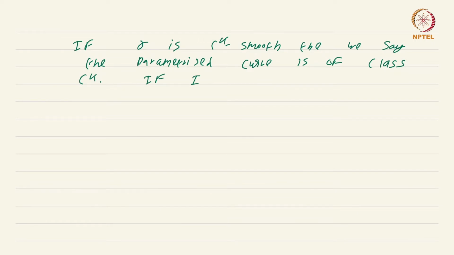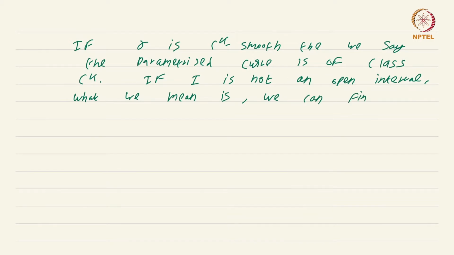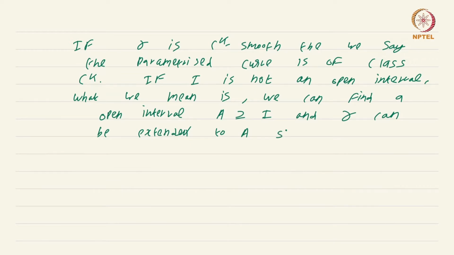If I is not an open interval, what we mean is we can find an open interval A that contains I and gamma can be extended to A such that gamma, now the extended gamma from A to Rn, is C^k smooth.